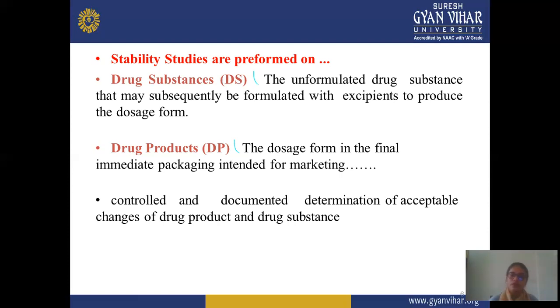Control and a documented determination of acceptable changes of drug product and drug substance. In this, there are certain acceptable changes, or certain drug products show problems. You check the stability study for the control limit and maintain particular documentation, observe all readings and record them in a document, and mention whether these are according to requirement or not.